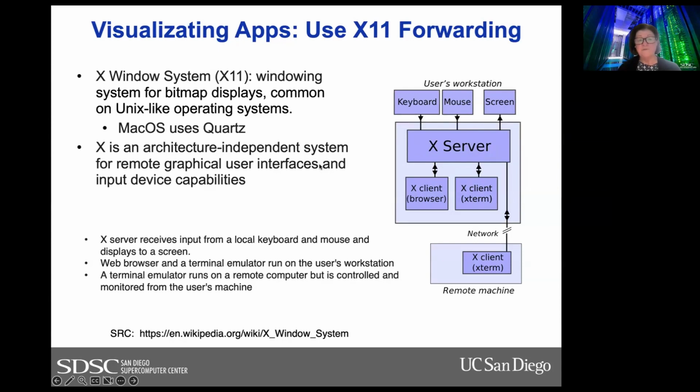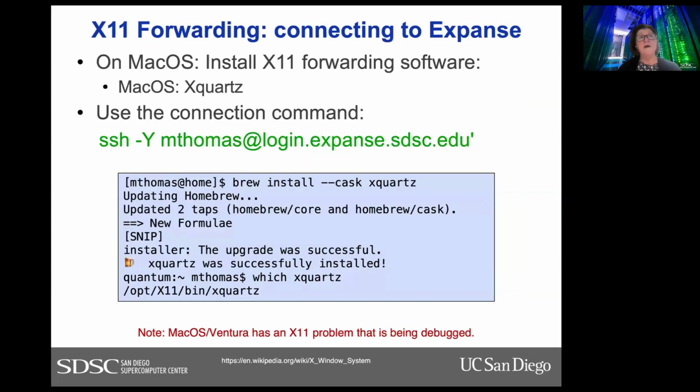And it's supported on Expanse, but for example, sometimes your laptop doesn't support it properly. Like I upgraded my Mac OS to its latest, Ventura, and it has an X11 problem. And this is a big reason to use the Expanse portal, because it already runs most of the apps you need.